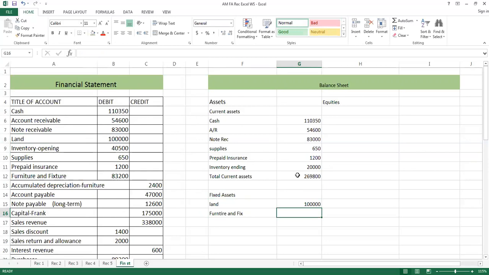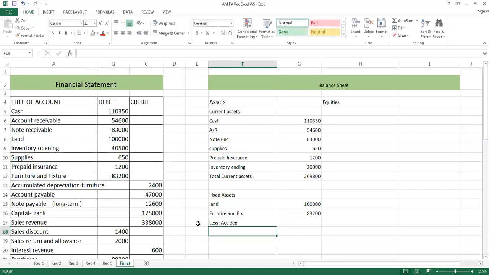Furniture and fixture is 83,000. Student, when you take furniture and fixture, then you will take care that you need to minus accumulated depreciation from it.